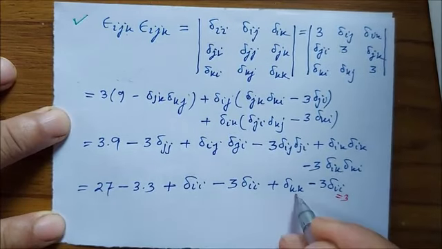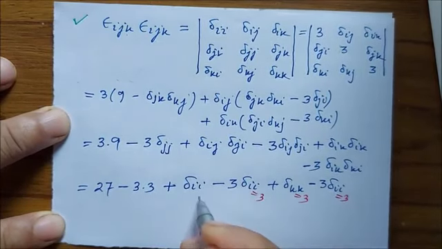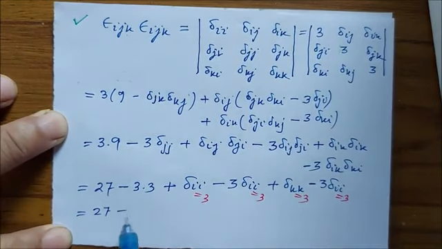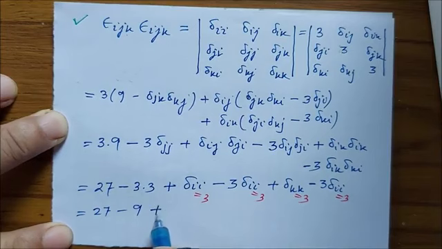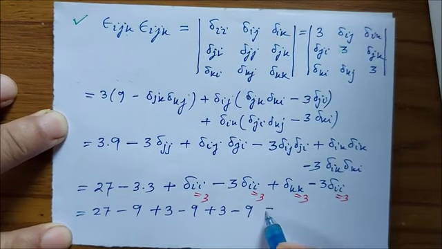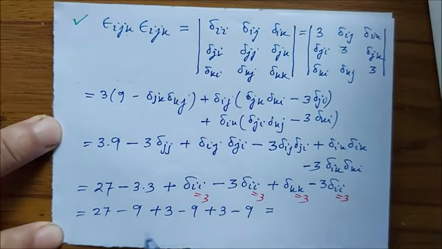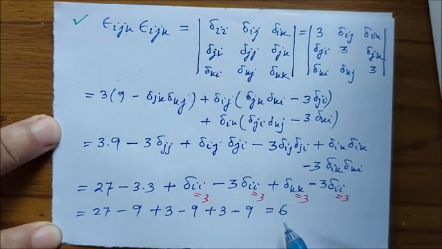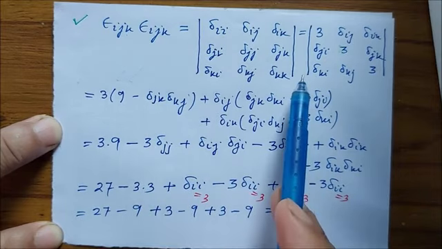Now this is 3, this is 3, this is 3, this is also 3, so we get 3 3s are 9, 3 3s are 9, and this turns out to be 9 9 9 with a minus sign, cancels this 27, and we are left with 3 plus 3 equal to 6. So the same answer is obtained, and also this formula is verified.